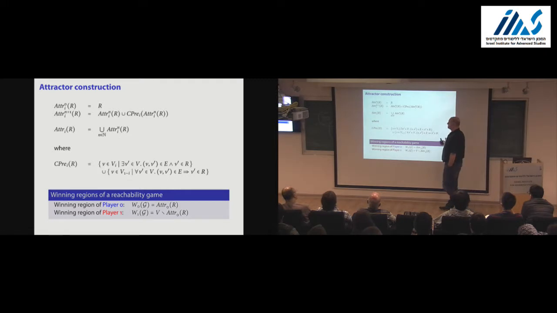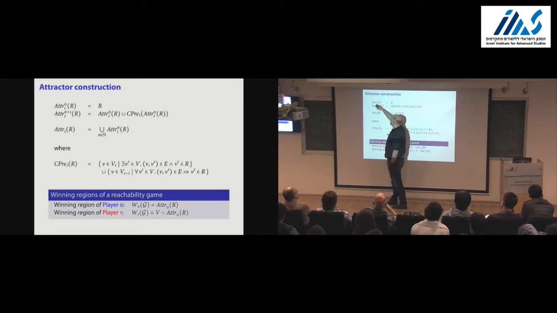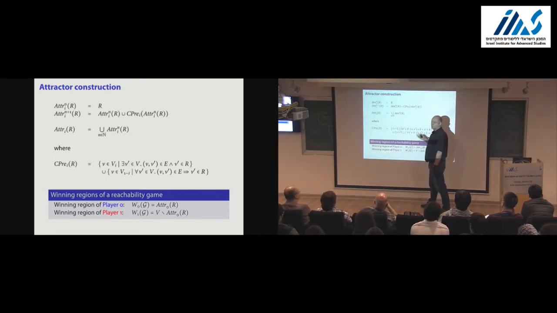So more formally, this is a fixed point construction. I start with the goal state, with my set R. This is the attractor set construction, and the zeroth approximation of the attractor is this set of states.